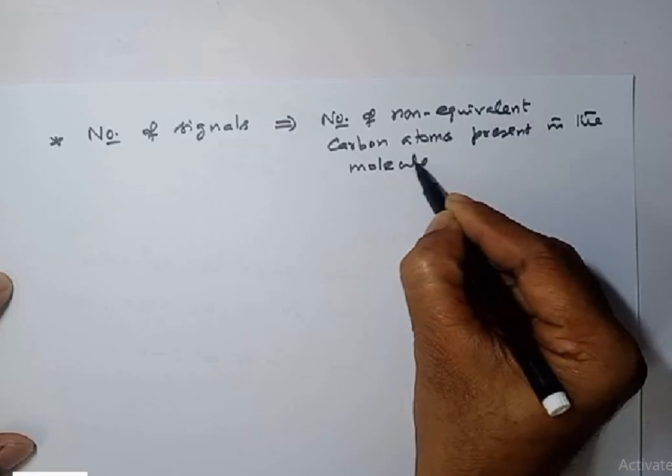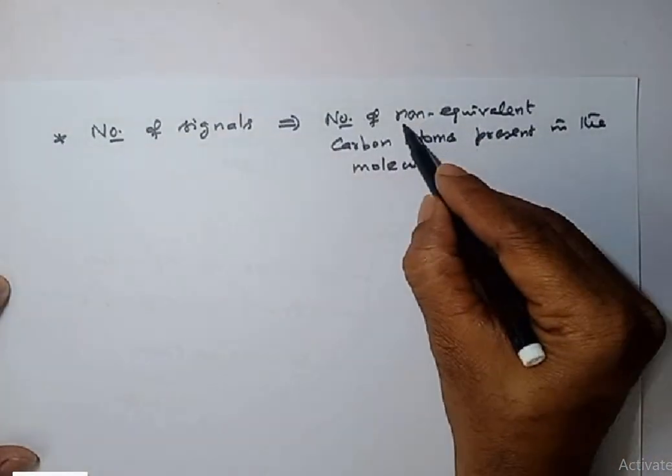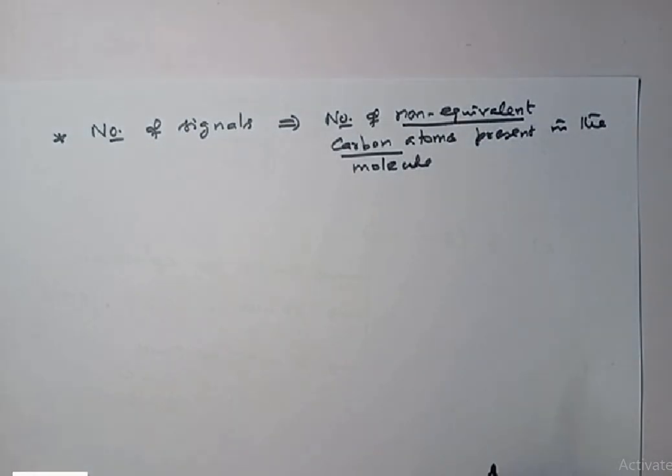Very specifically, magnetically non-equivalent. Remember, if two nuclei are chemically non-equivalent, they should be magnetically non-equivalent. But if two nuclei are chemically equivalent, then the two nuclei may be magnetically equivalent or magnetically non-equivalent. This is a very important point. We'll discuss that as we go on.